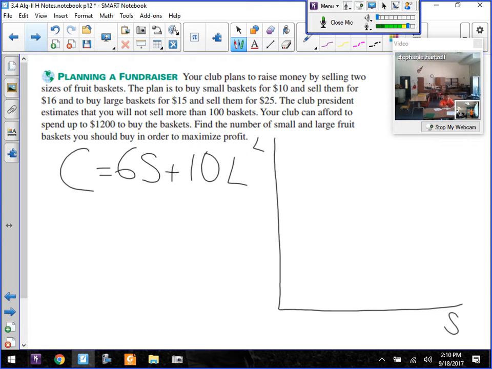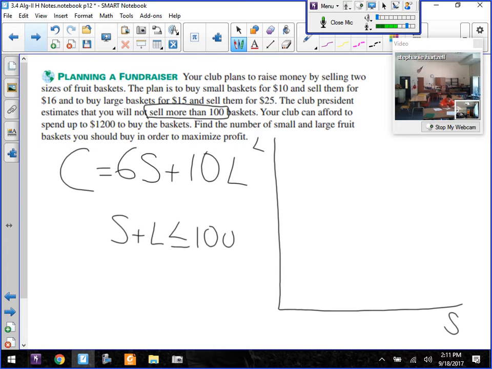So your total sales figure, small plus large, has to be less than or equal to 100, because of the words no more than 100 of those baskets. Does that make sense? Sometimes it might say you expect to sell 2 large baskets for every small, which would have been 1 small plus 2 large. It's pretty straightforward.